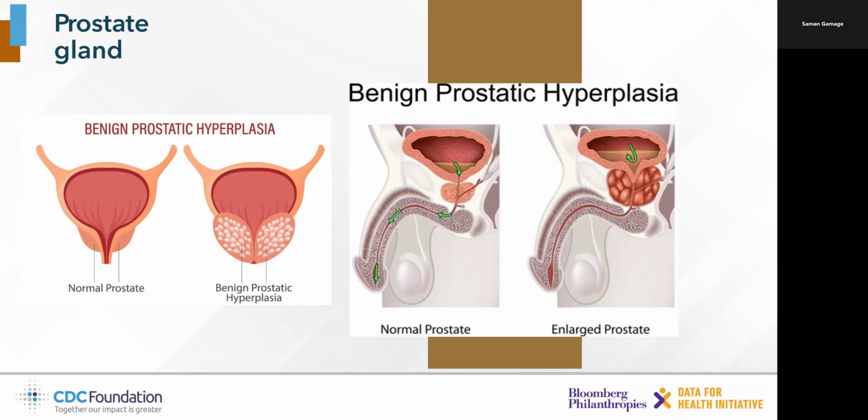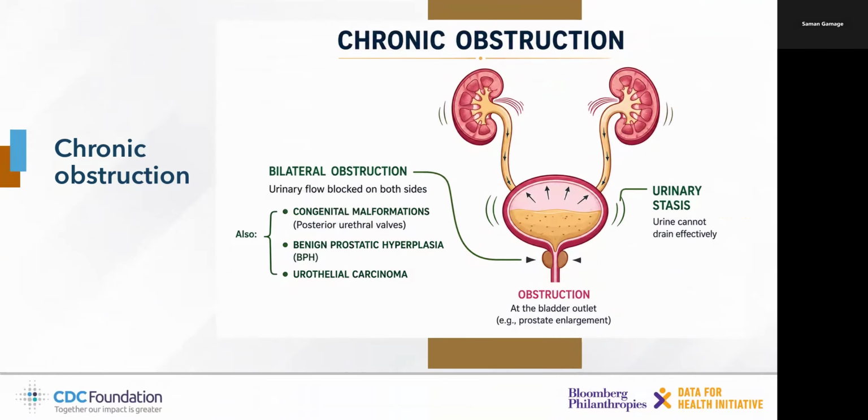When the prostate is normal in size, there's no obstruction, but when the prostate is enlarged, it can lead to obstruction. So when there is benign prostatic hyperplasia, this means when there is enlarged prostate, there is stagnant urine inside the bladder and the urine flow is obstructed. So this can lead to chronic pyelonephritis when there is chronic obstruction.